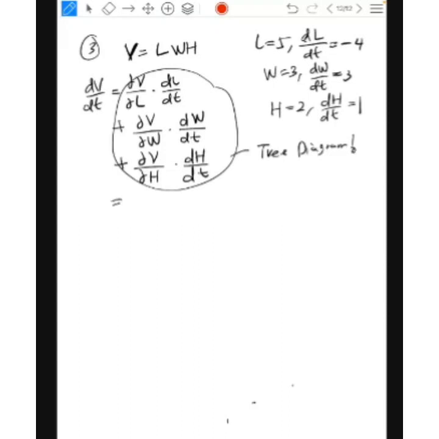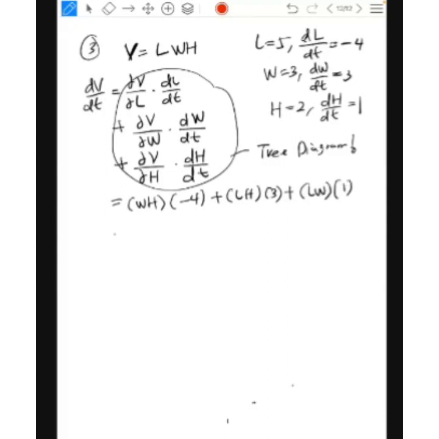Okay, so dV/dL is differentiating with respect to L, so W and H are constants, still there. dL/dt is -4. And then ∂V/∂W, dW/dt is 3. ∂V/∂H is LW, and then dH/dt is equal to 1.